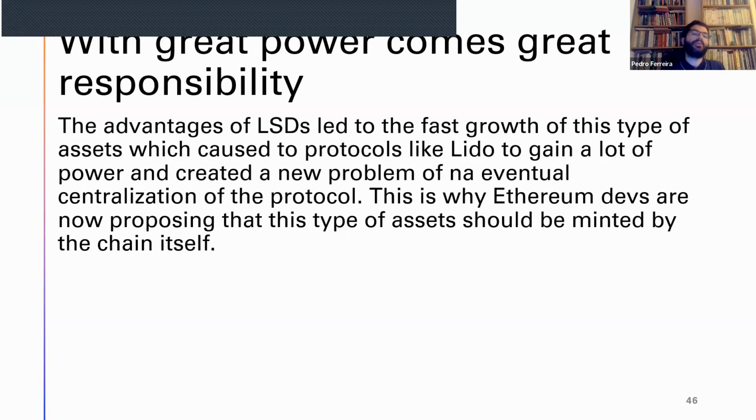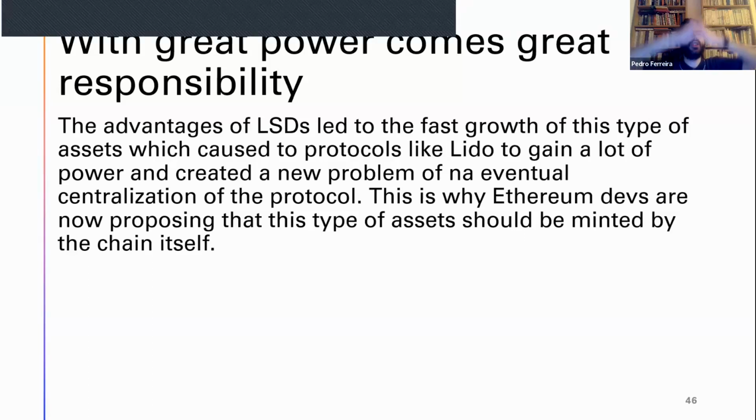When great power comes, great responsibility also comes. The advantage of LSDs led to the fast growth of this type of asset, which gave protocols like Lido and Rocket Pool huge power.